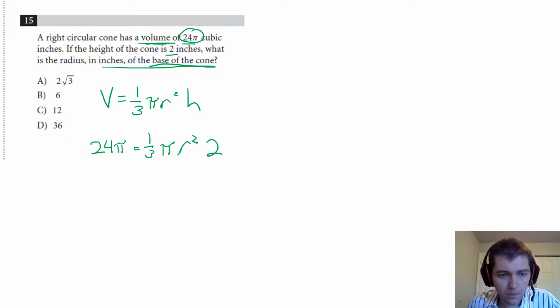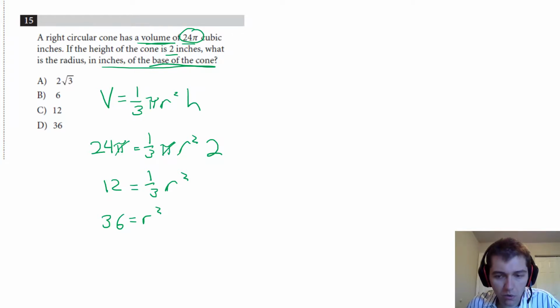H is 2. Divide both sides by 2. That'll leave you with 12 pi. We'll divide by pi, so we'll get rid of the pi's here too. 12 is equal to 1/3 r squared. Multiply both sides by 3 to give you 36 is equal to r squared.